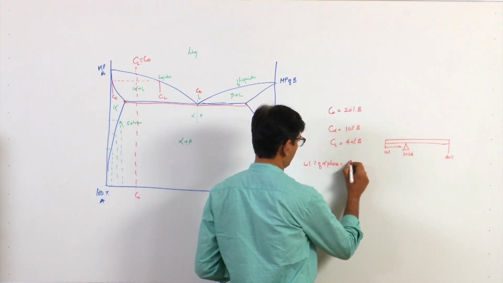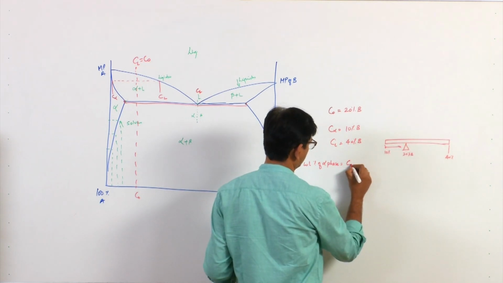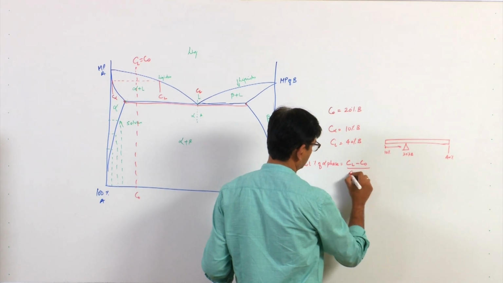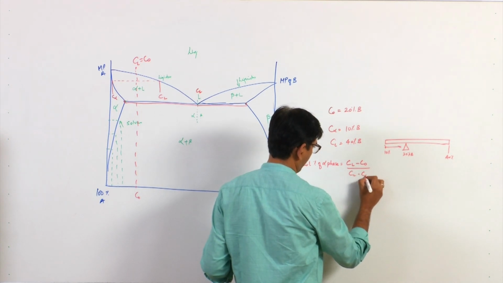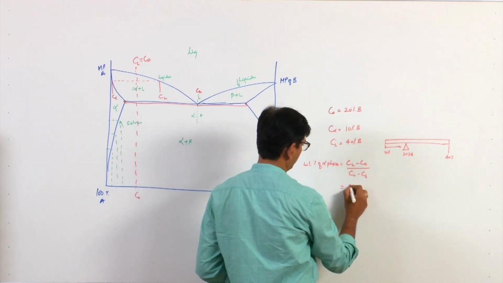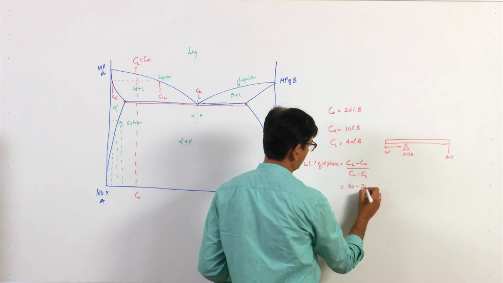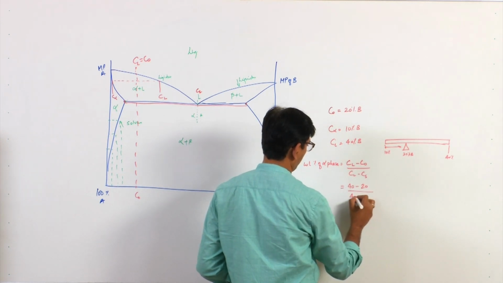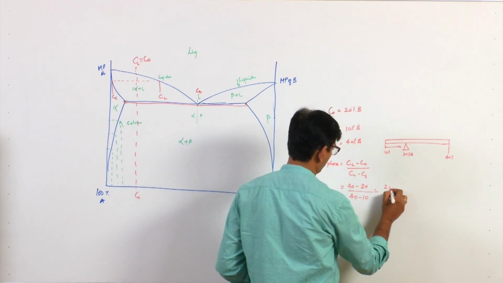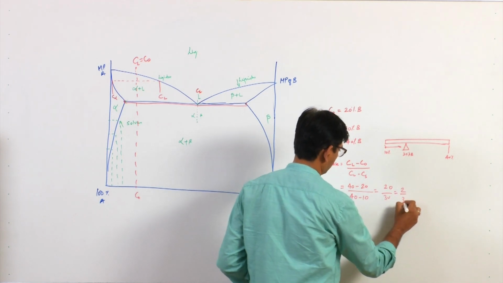The weight percent of alpha phase will be given by this arm length. So this will be CL minus C naught divided by CL minus CS. If I put in all these values, CL is 40 minus C naught is 20, divided by 40 minus 10. So this will be equal to 20 by 30, that is 2 by 3.